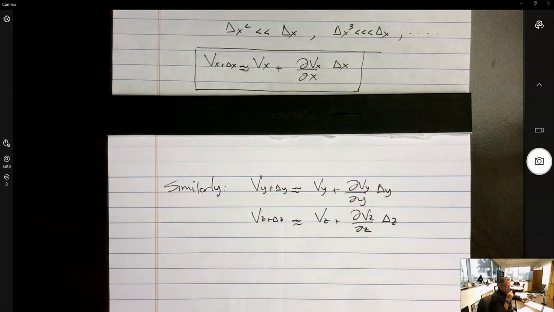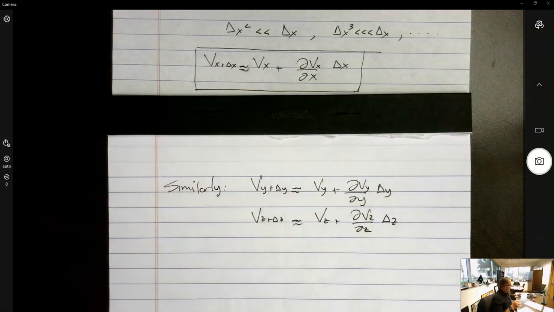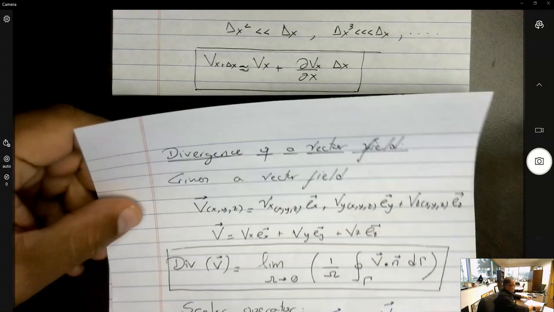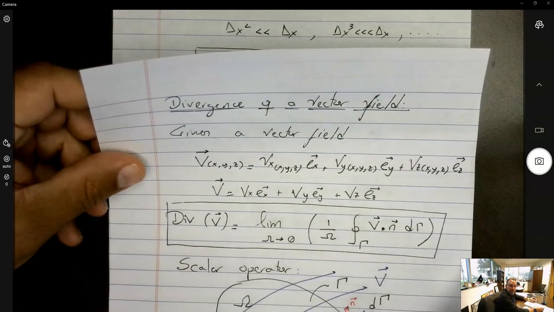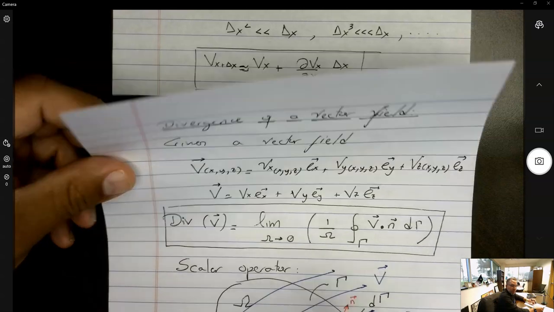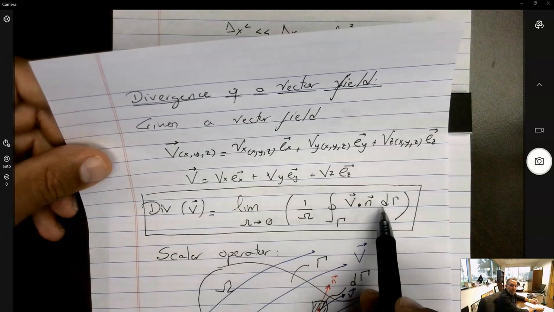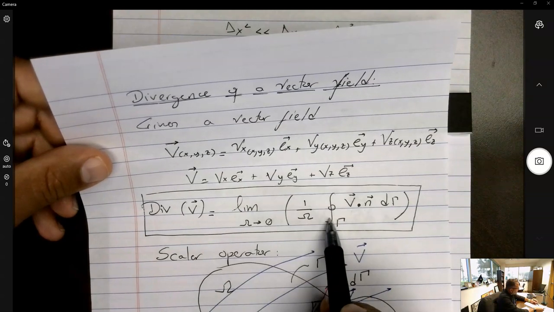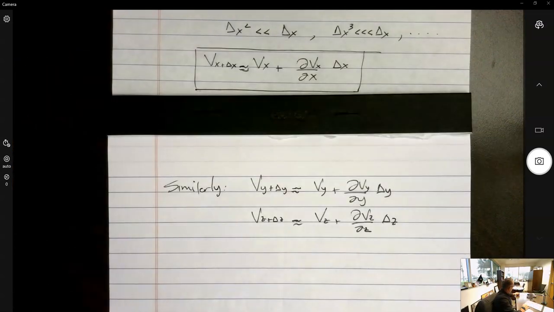All right, so we are trying to figure out how to express these in a way that we can actually operate this expression for the definition of the divergence. And for it, we need to calculate this total surface integral. This is a closed contour surface integral over the entire region omega surrounded by the surface gamma.